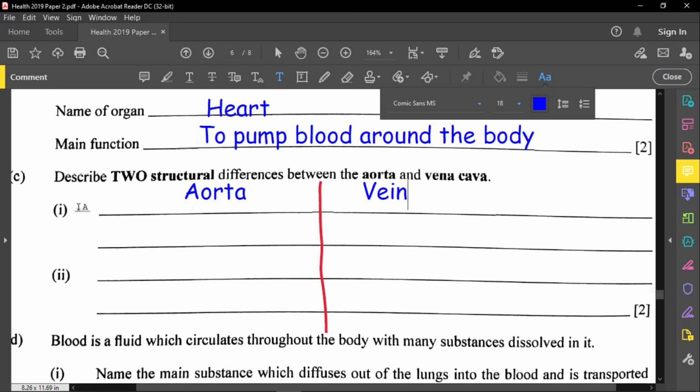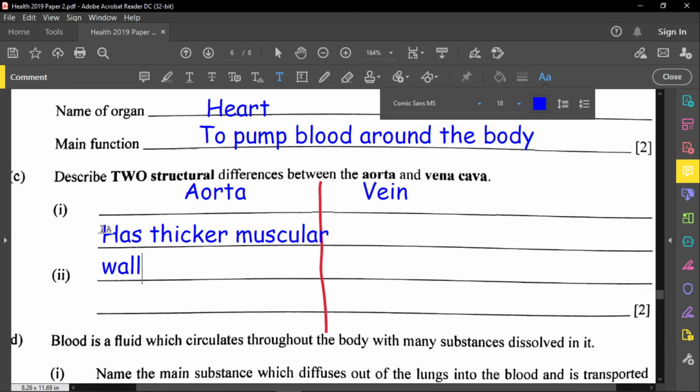You can renumber them if you want, but if you don't, you can just go across and say this is that while that is that. But when you're looking at differences, please compare the same features. For example, the aorta has thicker muscular walls.